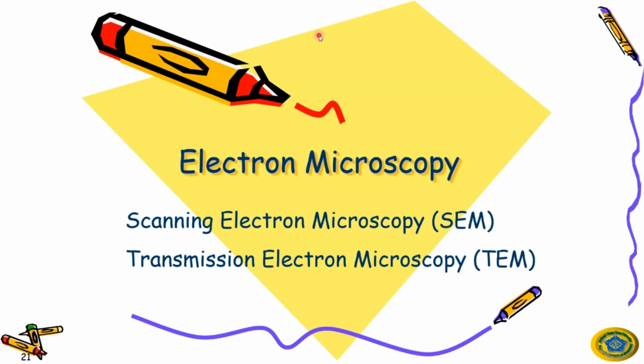You can regard this as a kind of reflection mode in the optical microscope. And another one is called the transmission electron microscope, which you can regard as the light transmitting through the objects, and now it is the electron beam transmitting through the objects. So one is called TEM, one is called SEM, or you can call it SEM or TEM.